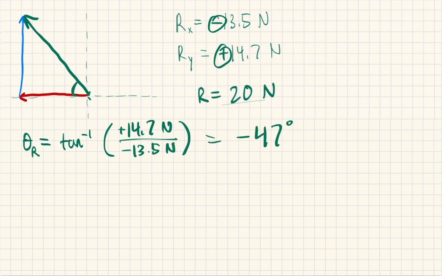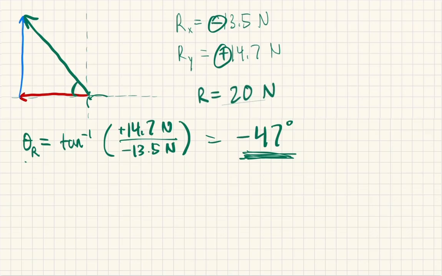Okay. Now, in that last example, negative 47, which is our reference angle, also was just the direction angle, because negative 47 from the positive x-axis would be here in the fourth quadrant, and that'd be correct. However, now this negative 47 does not describe our resultant vector's direction properly, because our resultant vector is in the second quadrant.